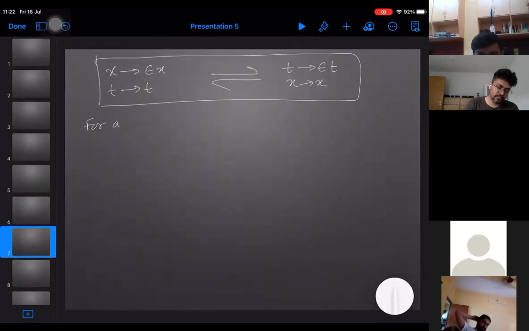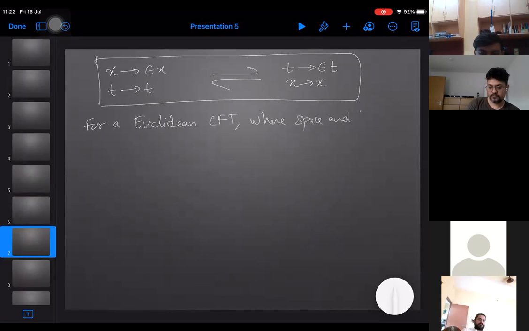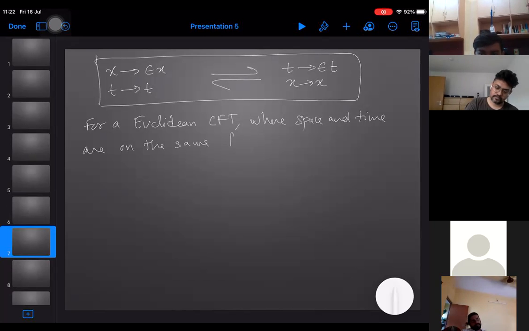For a Euclidean CFT, where your space and time are on the same footing, it is simply a non-relativistic limit.